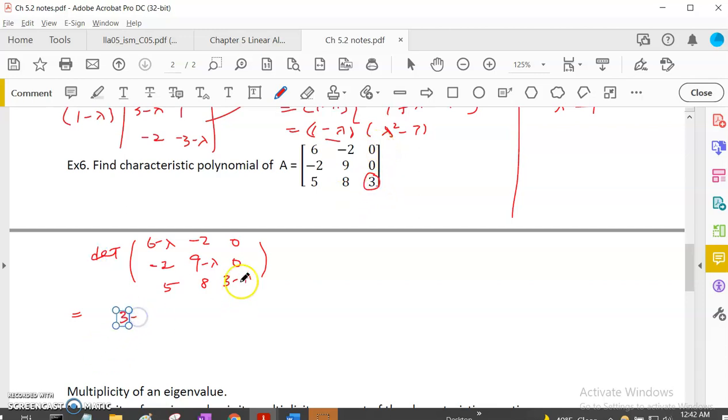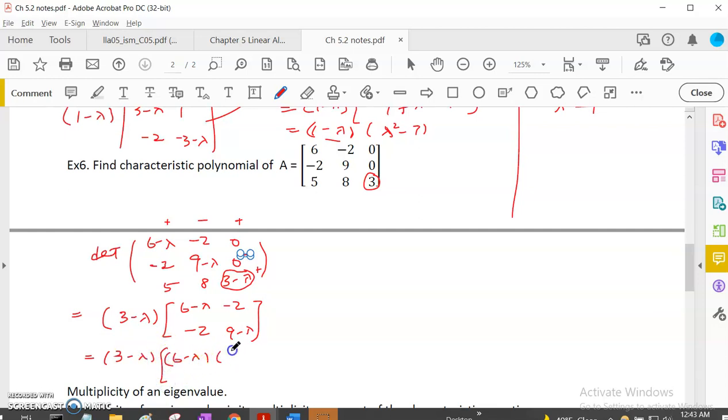So it'll be 3 minus lambda times, the signs go positive, negative, positive, negative, positive, so it's still positive. I delete this row and this column, so 6 minus lambda, negative 2, negative 2, 9 minus lambda. So 3 minus lambda times 6 minus lambda times 9 minus lambda, minus 4.